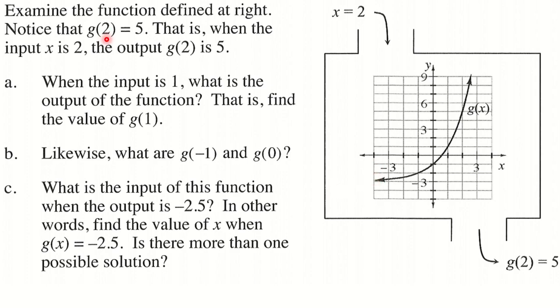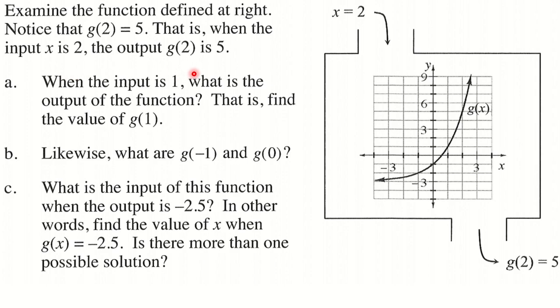Look at this. If I put in 2, it says I should get 5. Let's look. x is 0, x is 1, x is 2. So where is this crossing? If x is 2 and I go up, it's right there at 5. When the input is 2, this function says 5. How about this?